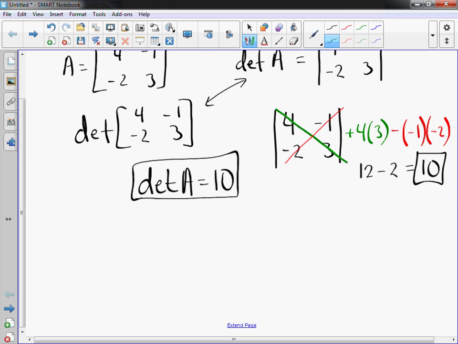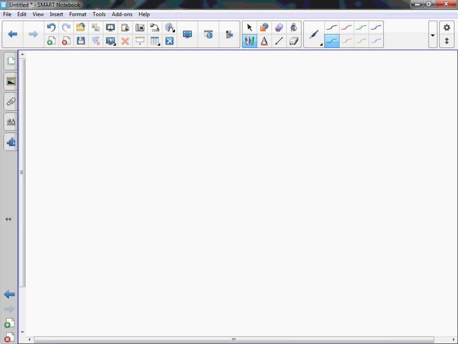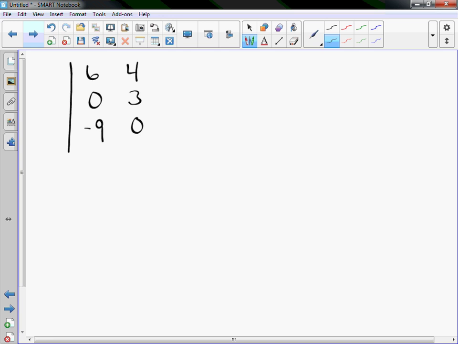Let's look at a 3x3 and actually do some basket weaving here. If I have this as my question, 6, 0, -9, 4, 3, 0, -1, 3, 0, now I want to basket weave this.